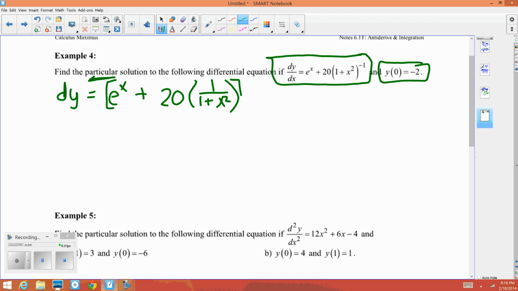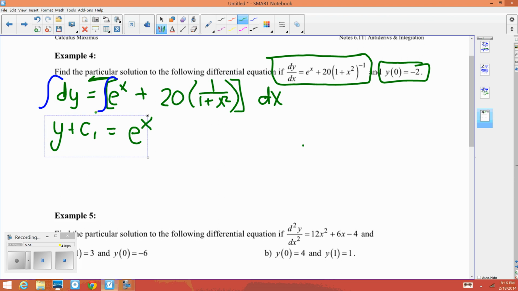All right, so we have this piece, and then I'm going to separate it. All the x's are on that side, so I'm going to write dx. Now our new idea, we integrate both sides. The antiderivative, or if you integrate dy, you just get y plus a constant, right? I'll call it plus c1 equals, integrate e to the x, that's just e to the x.